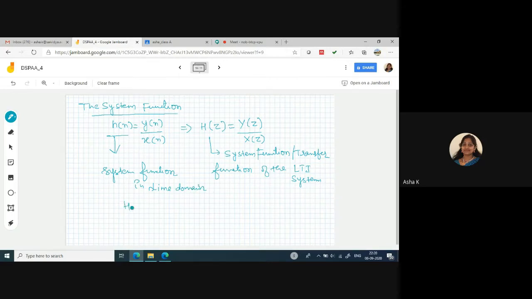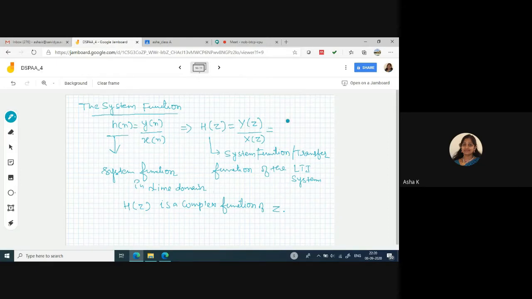H of z here is a complex function of z. So this consists of the location of poles and zeros in the z domain. It is used to characterize the transfer function. Poles are the roots of the denominator and zeros are the roots of the numerator.